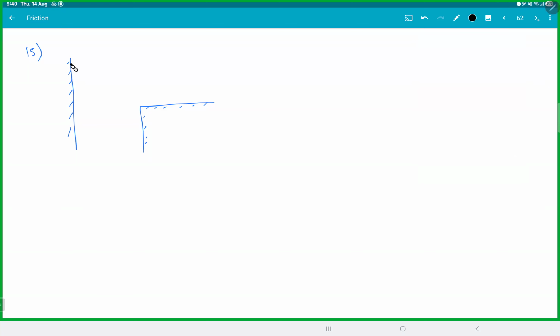We have a chain here, which is like this. This length is L by 3. This point here is fixed. This angle is theta.